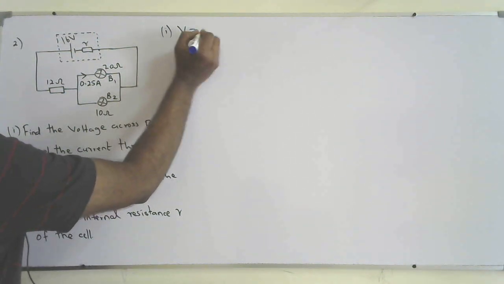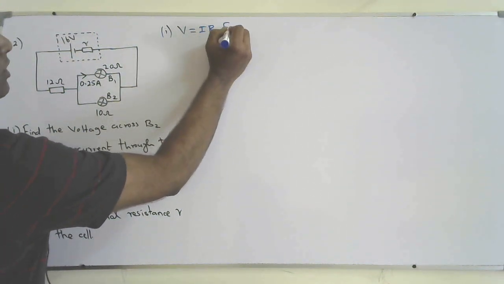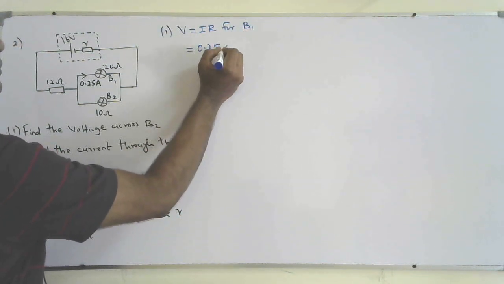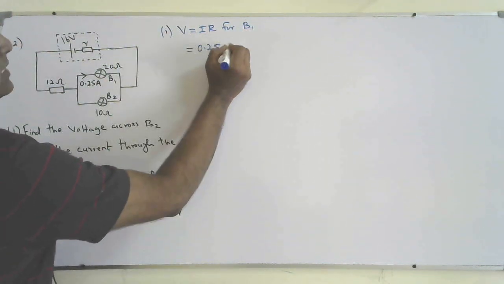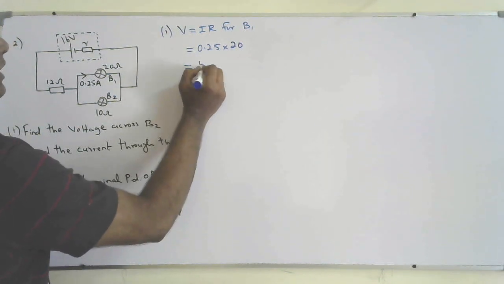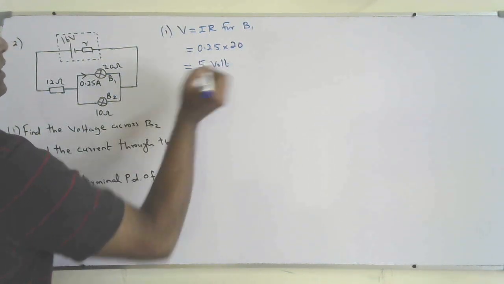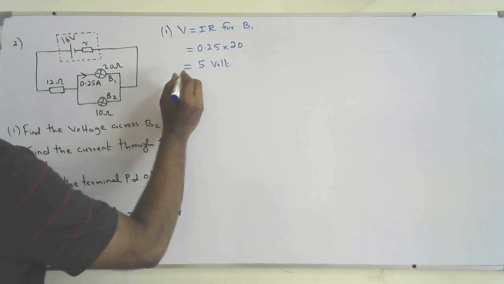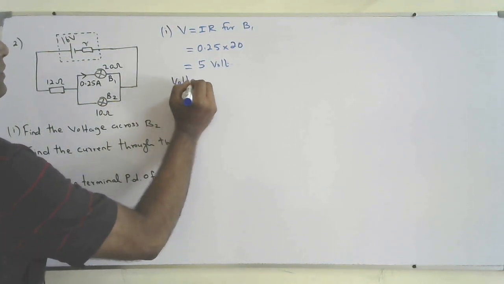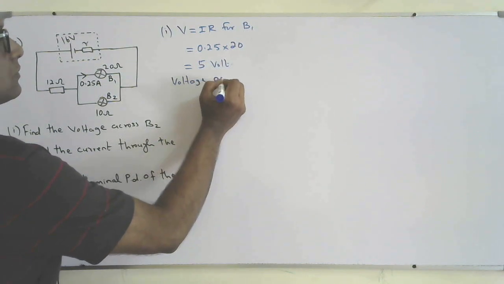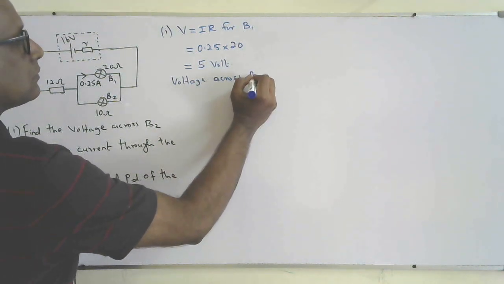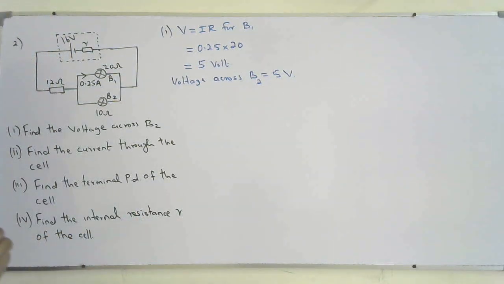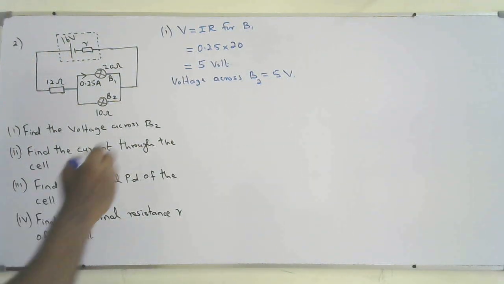V equal IR for B1: the current is 0.25 amperes into resistance 20. So it's going to be 5 volt. So the voltage across B2 is also 5 volt because they are parallel.